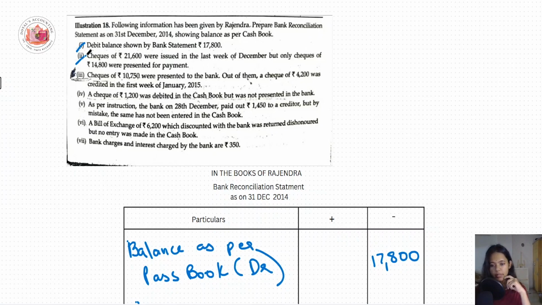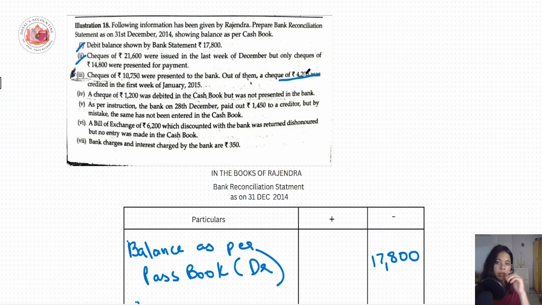Checks of 10,750 were presented to the bank. Out of them, a check of 4,200 was credited in the first week of January. In our books, we have recorded that we have received 10,750 completely. But a check of 4,200 was credited in the bank in the first week of January, not within our period.